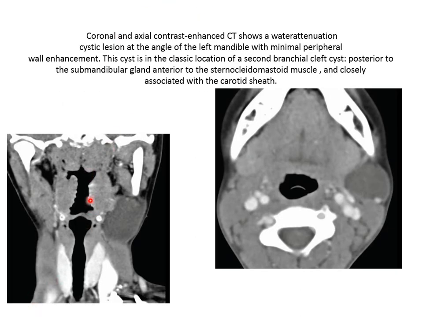Axial and coronal contrast enhanced CT shows a water attenuation cystic lesion at the angle of the left mandible with minimal peripheral wall enhancement. This cyst is in the classical location of the second branchial cleft cyst: posterior to the submandibular gland, anterior to the sternocleidomastoid muscle, and closely associated with the carotid sheath.